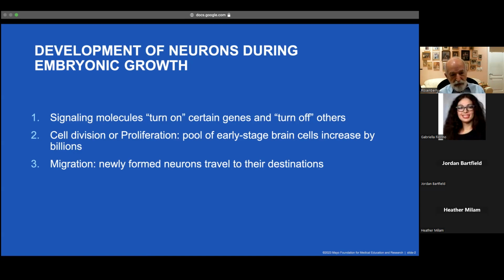Cell division or proliferation, pools of early stage brain cells increase by billions, and migration, newly formed neurons travel to their destinations. All this is going on at the same time. Signaling molecules are present, the cells are proliferating and migrating.